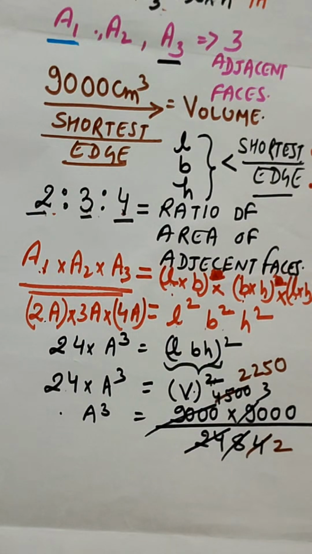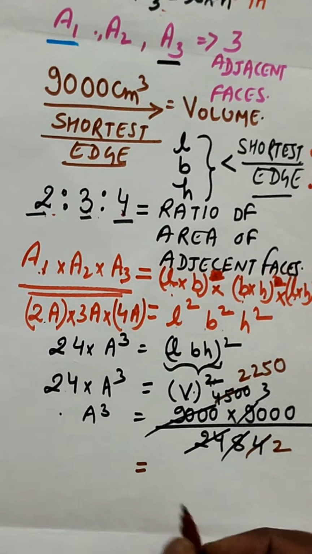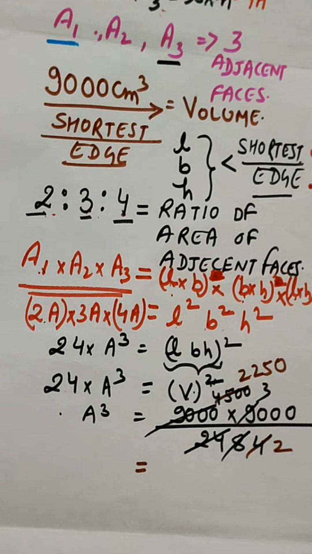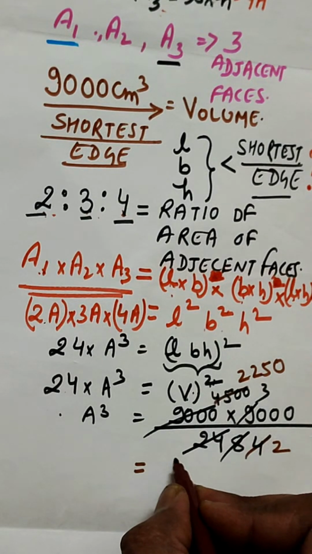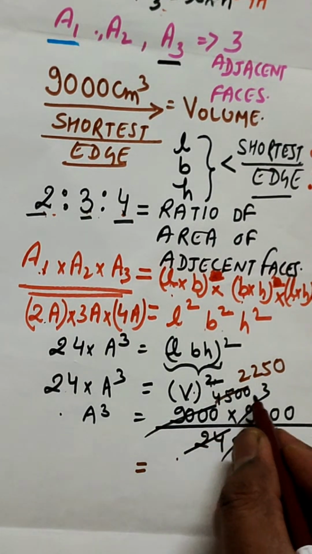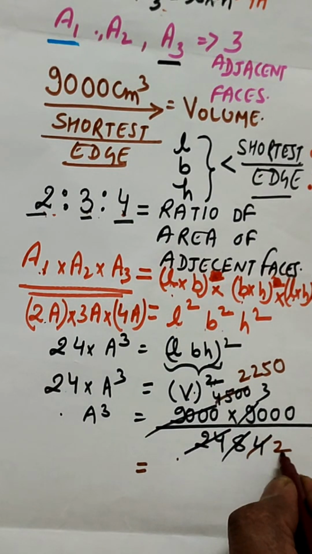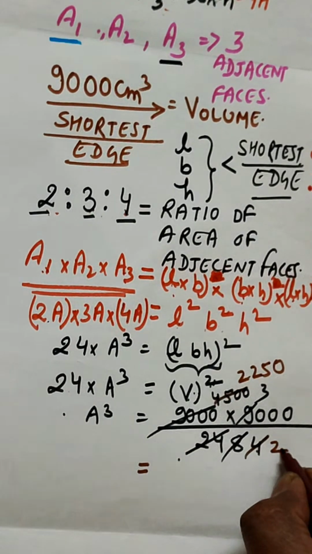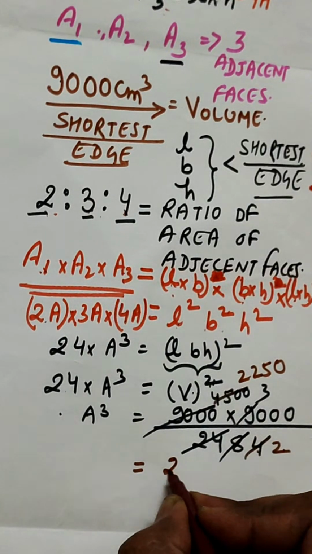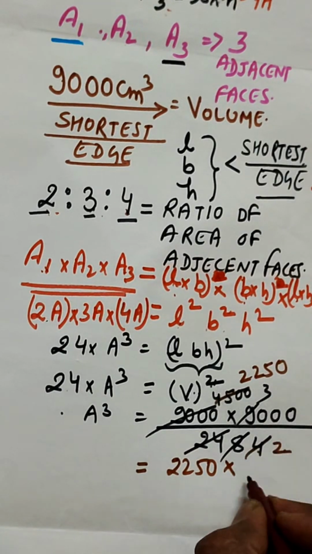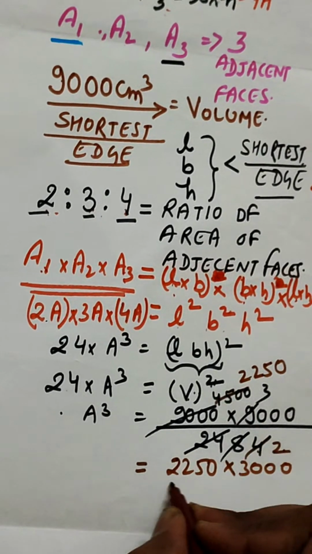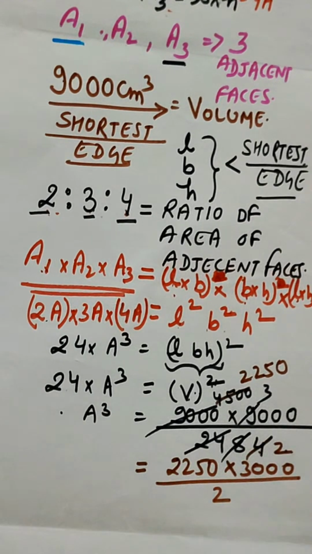So this will be coming as 2250 into 3000 divided by 2.